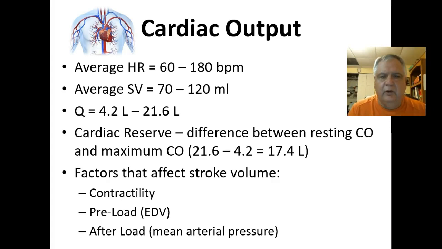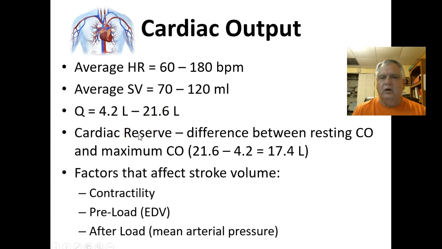Okay. If you don't, let me know in the discussion board. Anyway, so the cardiac output then is going to be between 4.2 liters, 60 beats per minute times 70 milliliters, going to give us about 4.2 liters of blood, to 21.6 liters of blood. So our cardiac output maximum, 180 beats per minute times 120 milliliters per beat, is 21.6 liters.